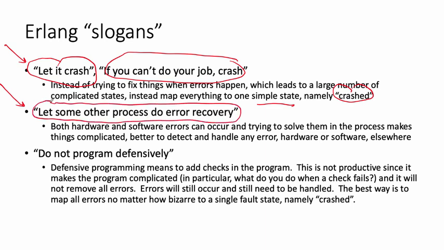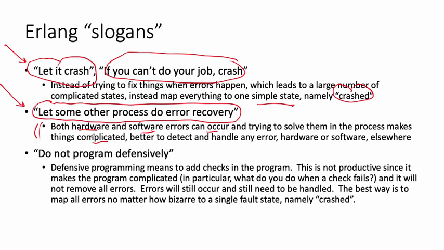slogan: let someone else do error recovery. So if one process crashes, the problem will be fixed by another process. Okay? And the reason is that hardware and software errors can both happen, and trying to solve them inside the process is complicated.